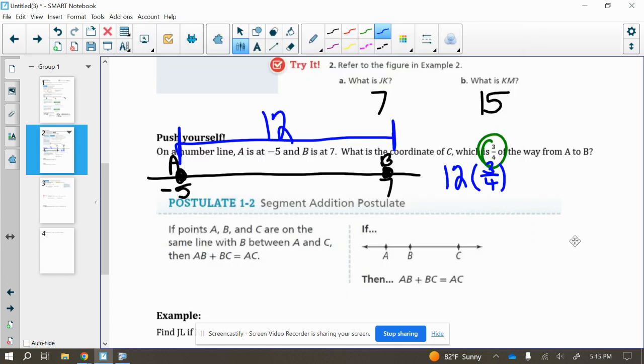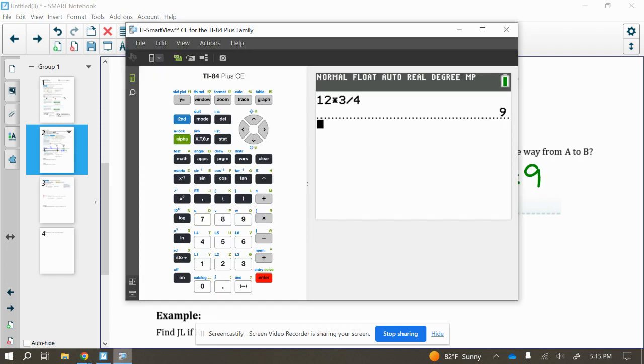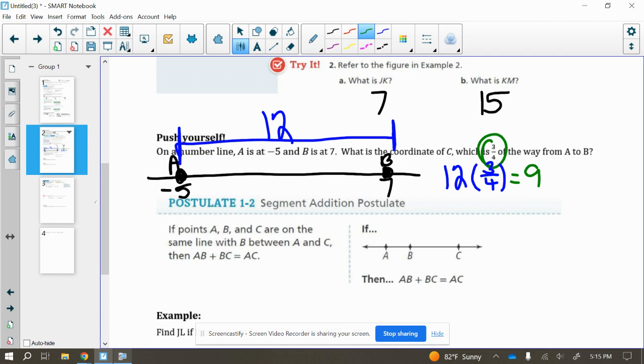So for our new point C, we're only going to move 9 units. Instead of moving all the way from A to B, 12 units, we're going to only move 9 units to get to our new point C. So if we add 9 to -5, 3/4 of the way, our new point C is located at 4 on the number line.